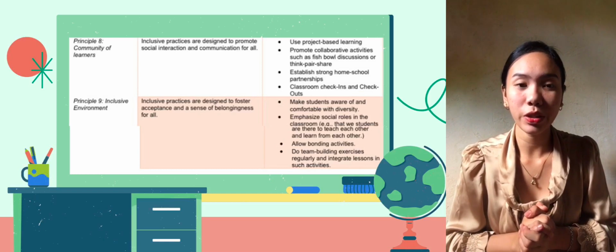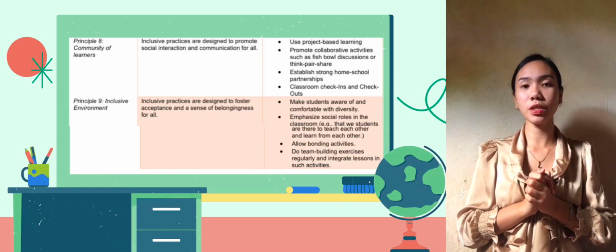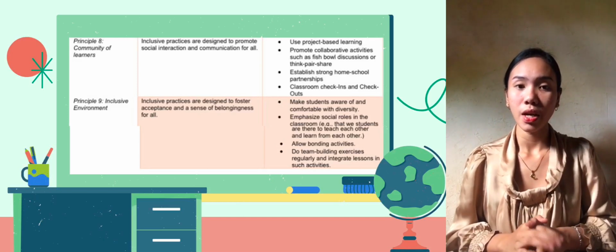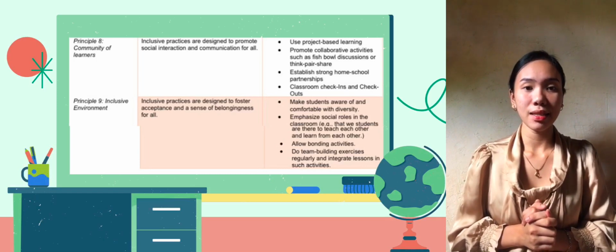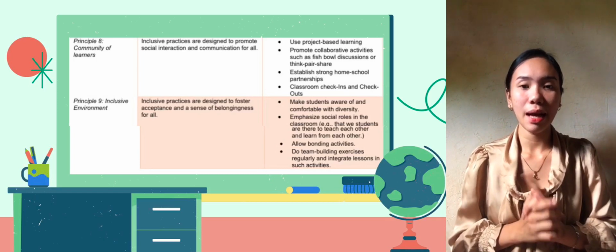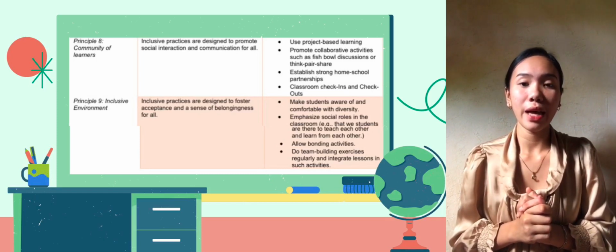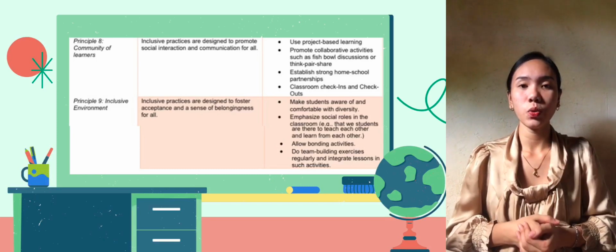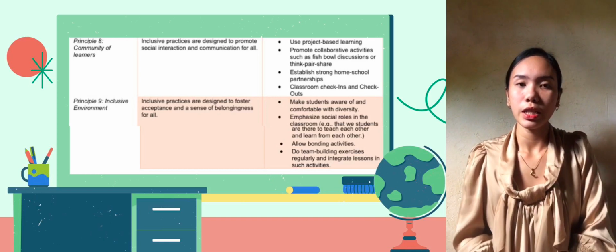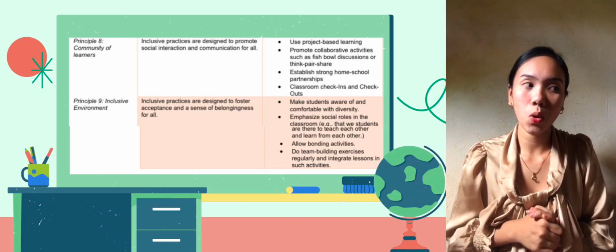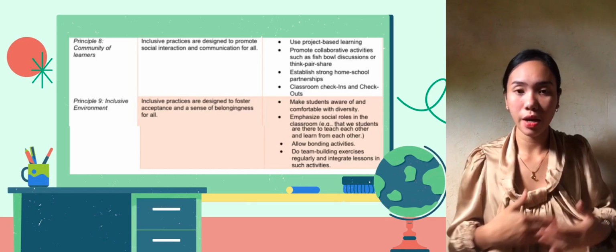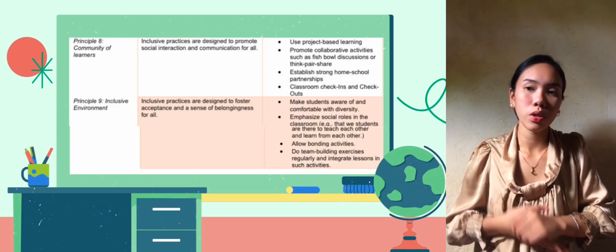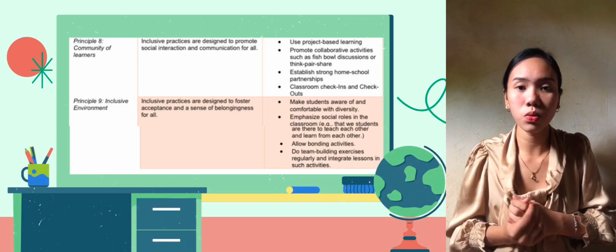So, we are going to have our last principle, which is principle number 9, the inclusive environment. Inclusive practices are designed to foster acceptance and a sense of belongingness for all. Example, make students aware of and comfortable with diversity. Of course, when you have your students someday, like what I said earlier, you must know your students' strengths and weaknesses, so that you will have the information on what they are capable of doing, what they are comfortable doing.